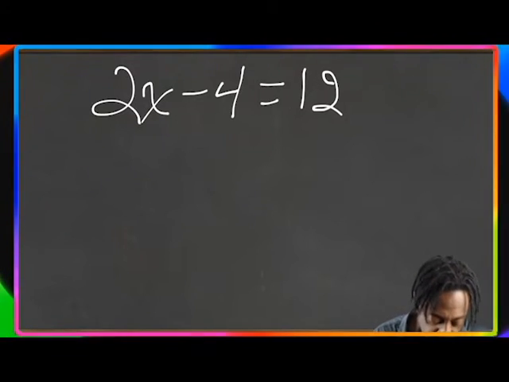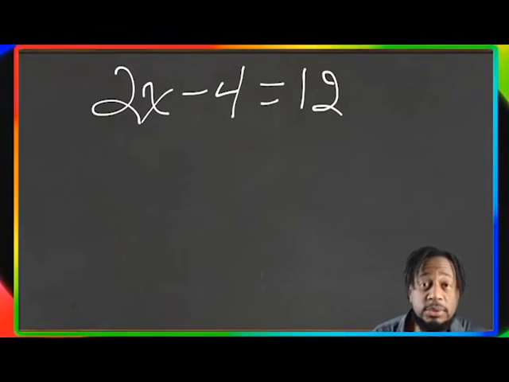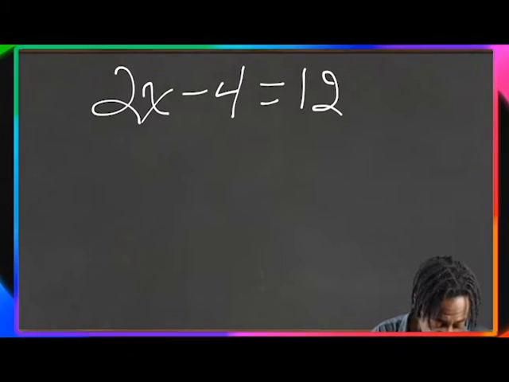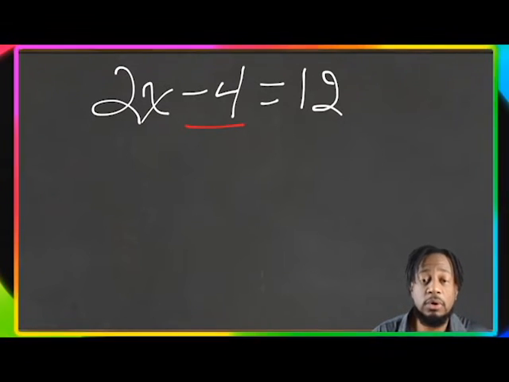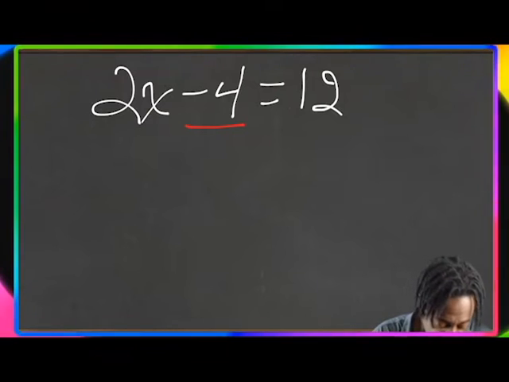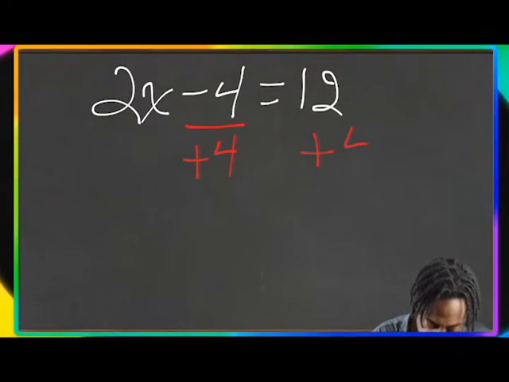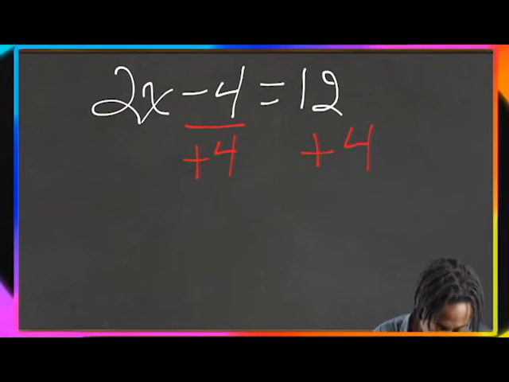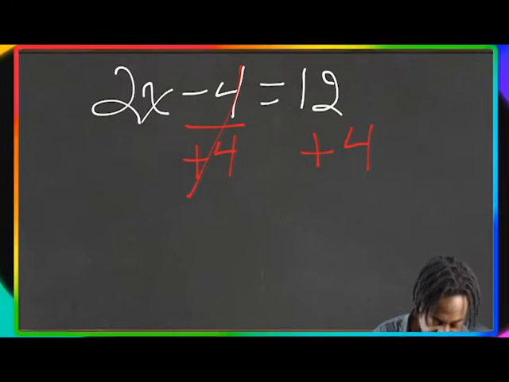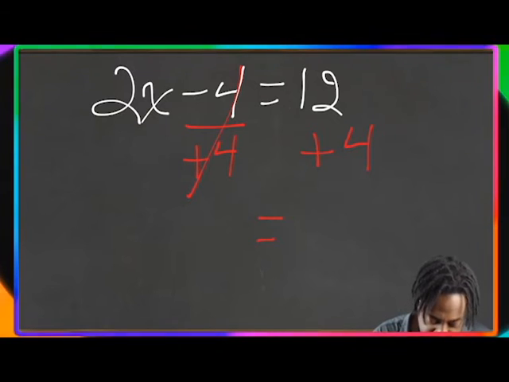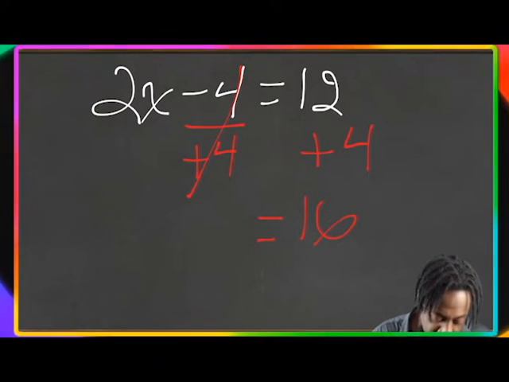So here we go. The first thing we're going to do is get rid of what? This negative 4. Remember, negative, positive. So on the side, positive 4. Boom. Cancels. 16.